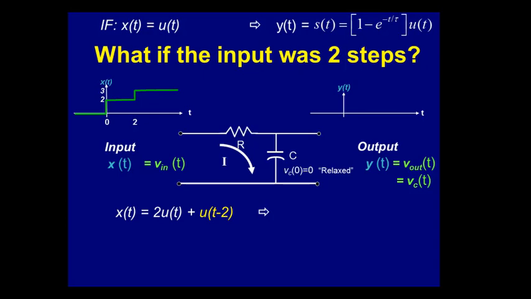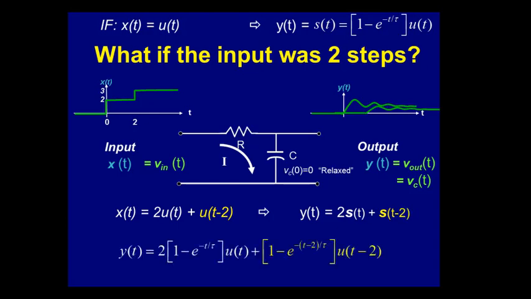What's the response of the system in terms of s of t's? Right. If u of t gave me s of t, 2u of t gives me 2s of t. And the delayed unit step gives me a delayed step response. So the total response would be 2 of these plus 1 of these with t replaced with t minus 2.